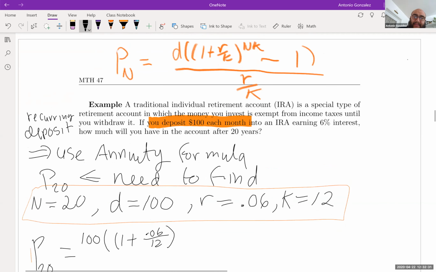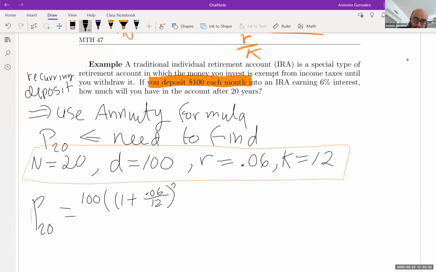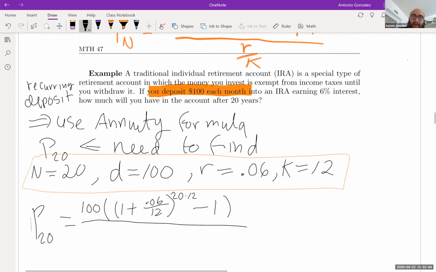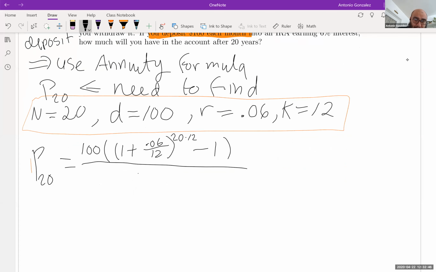And then up here, N times K, 20 times 12, and then minus 1, all over R over K.